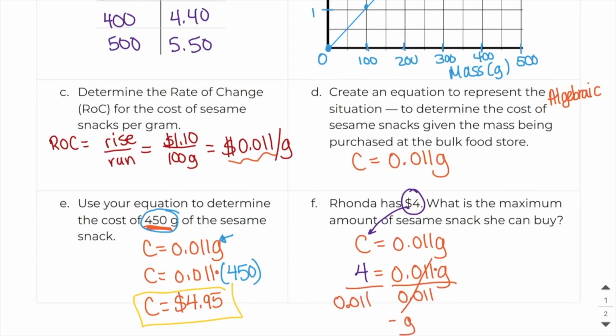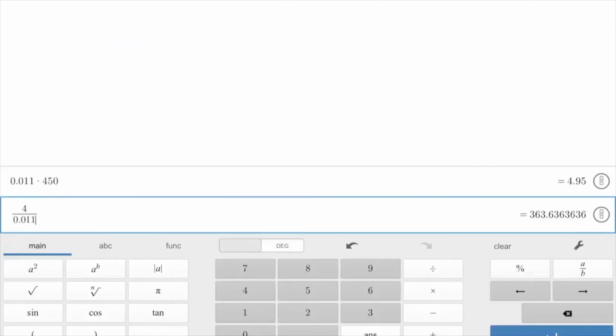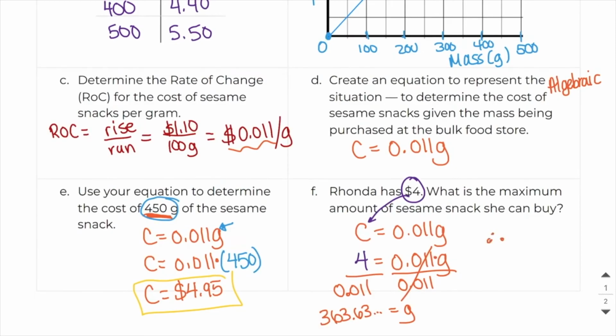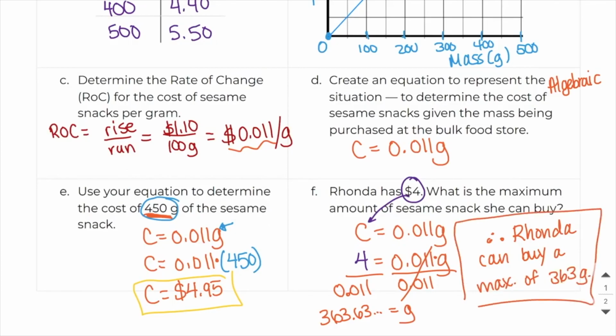So I have to divide 4 by this 0.011, and I end up getting 363.6363, and so on and so forth. So we can say, therefore, Rhonda can buy a maximum of 363 grams of her snack.